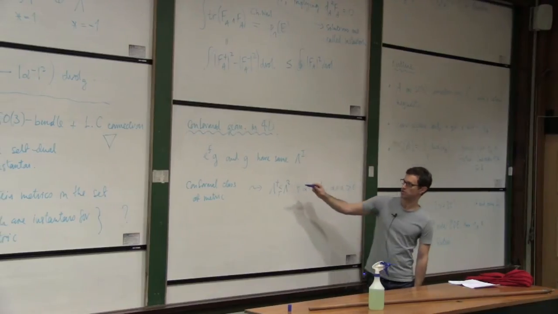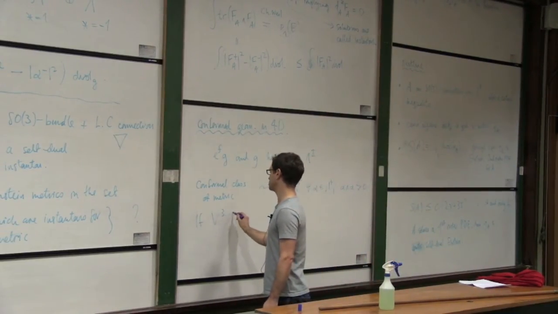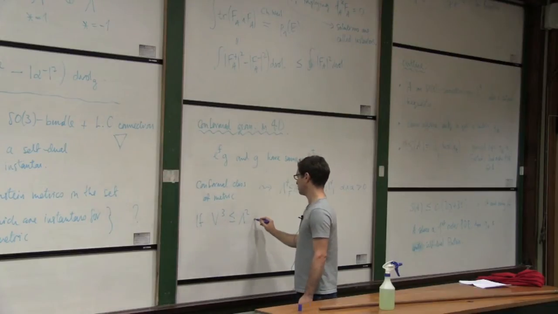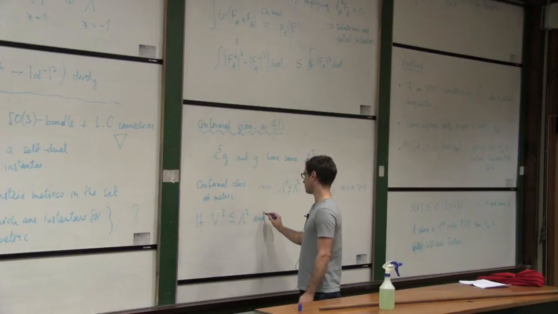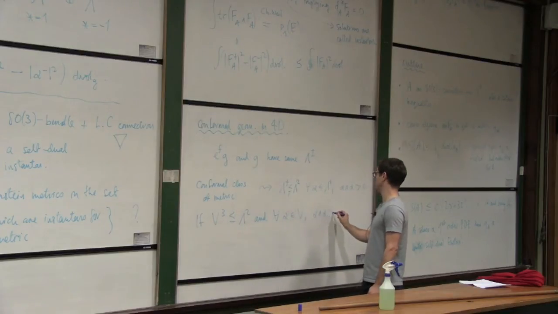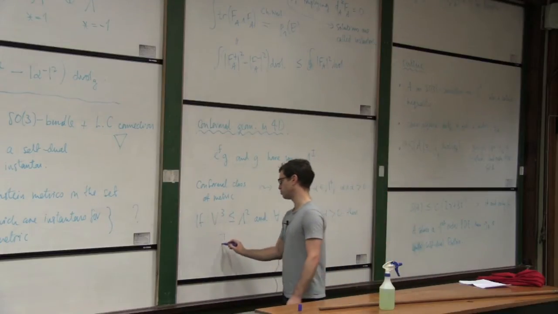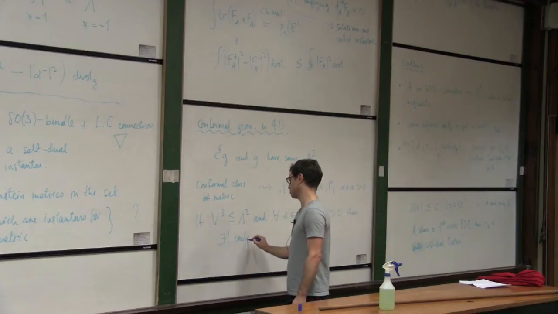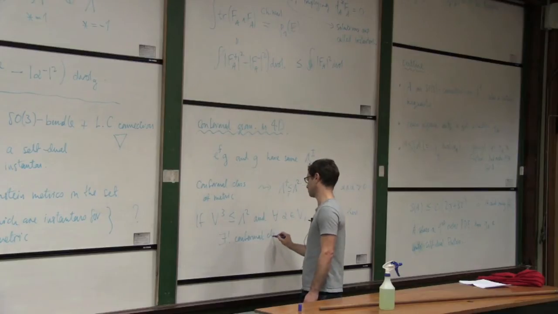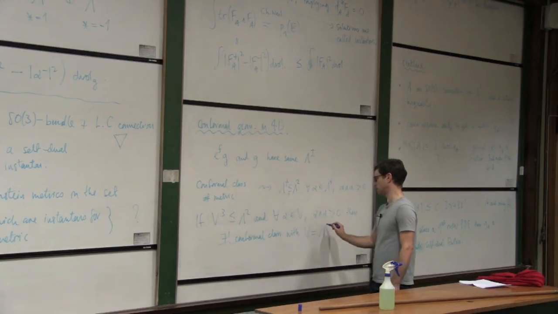Now it turns out that you can reverse this arrow. If I have a rank 3 subbundle V of lambda 2, and for all alpha in V the square of alpha is positive, then there exists a unique conformal class with V equal to lambda plus.